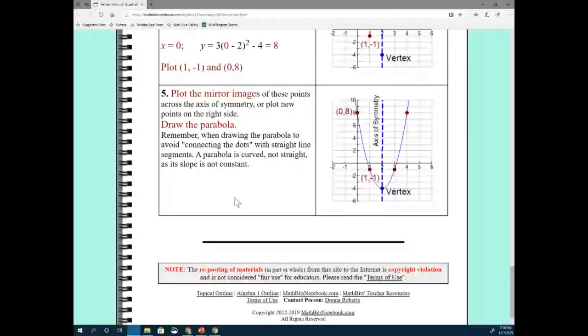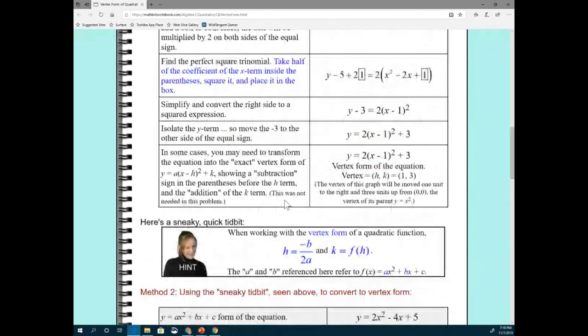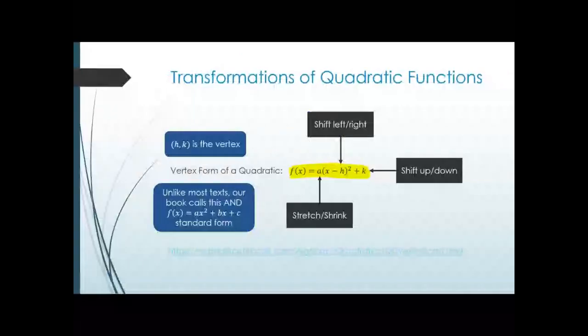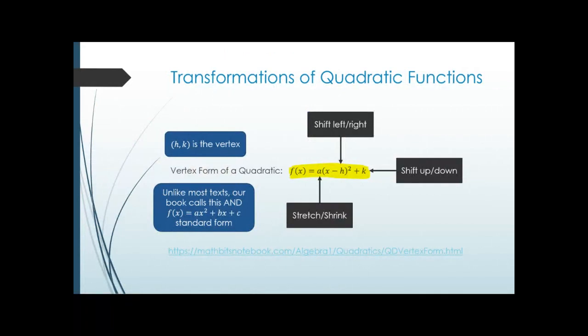I think this is a really great resource to use, so I have that linked here. They have tons of other things at this MathBits notebook. It's a pretty great website.